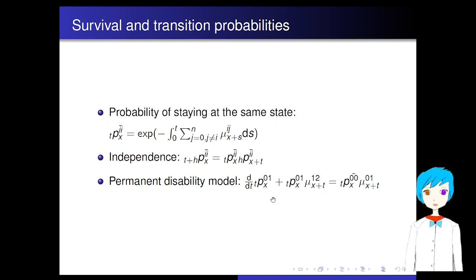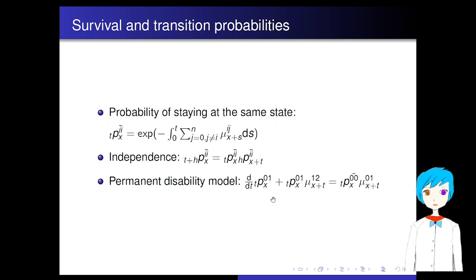The probability of staying in the same state, tpx^ii, is e to the power of minus the integral of the sum of all transition intensities that go out of i.